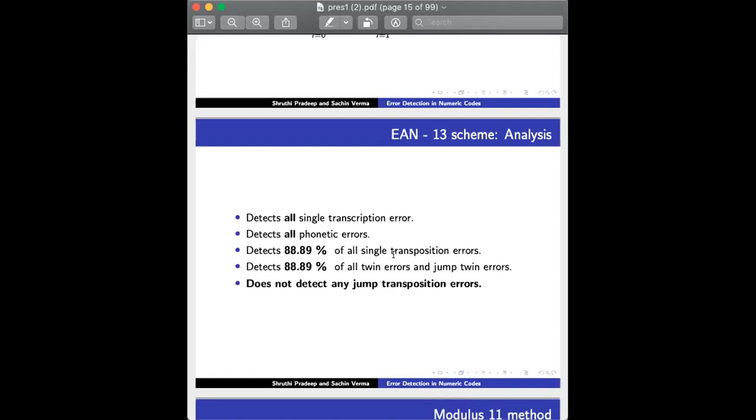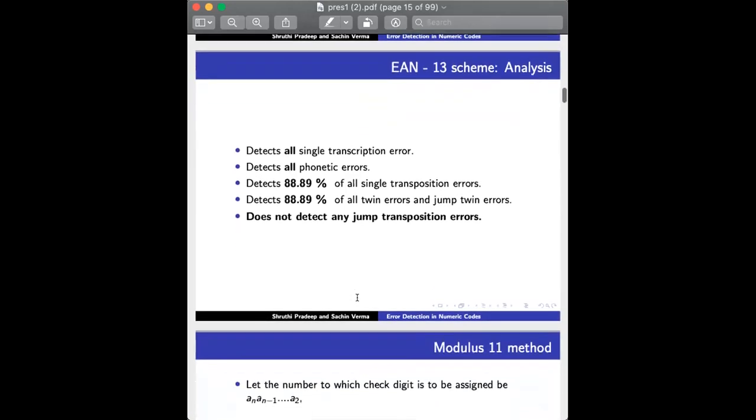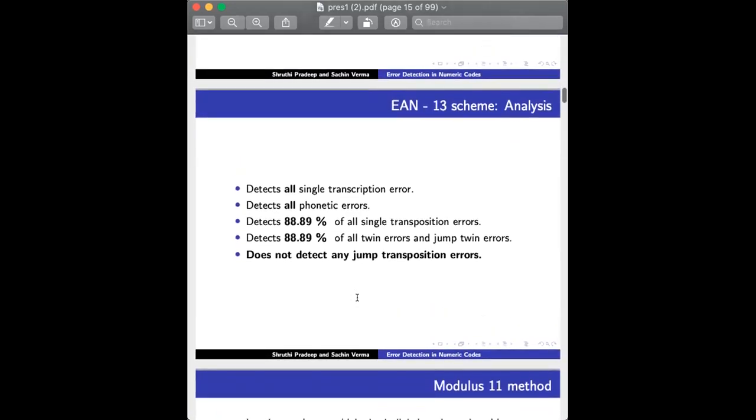But if you notice, jump transposition errors will not be identified because of the position. They are at the same even position or odd position. So that's a drawback of the EAN-13 scheme. It also detects twin errors to an extent, and jump twin errors.